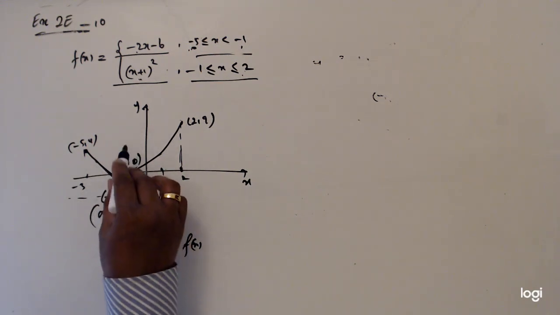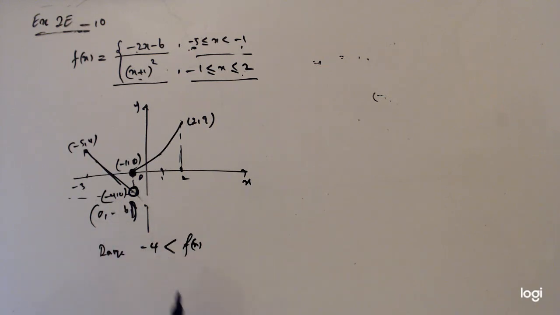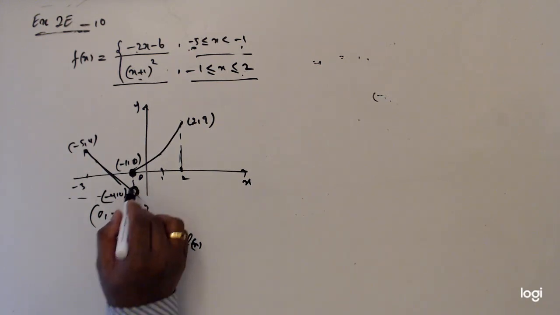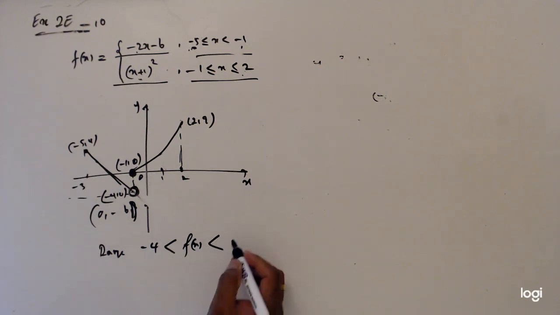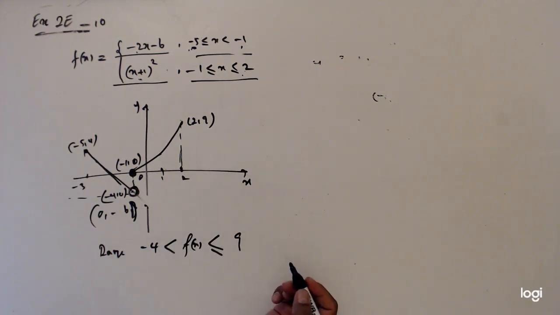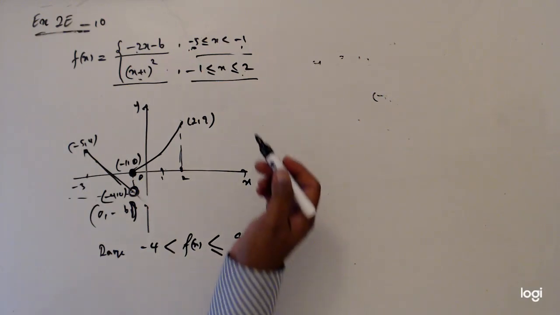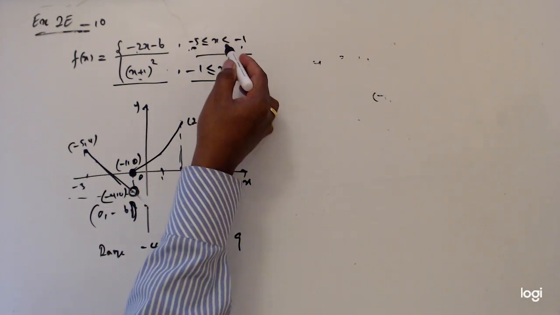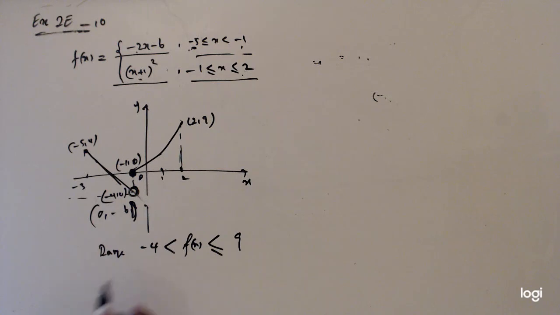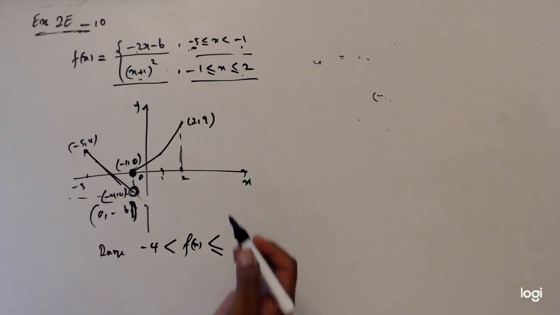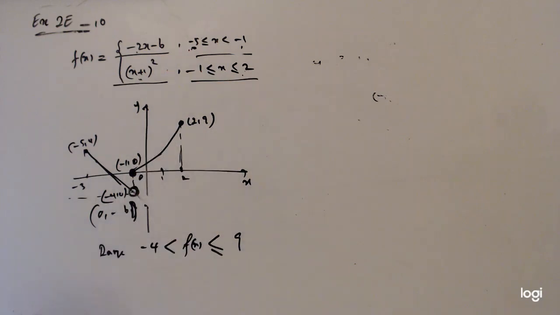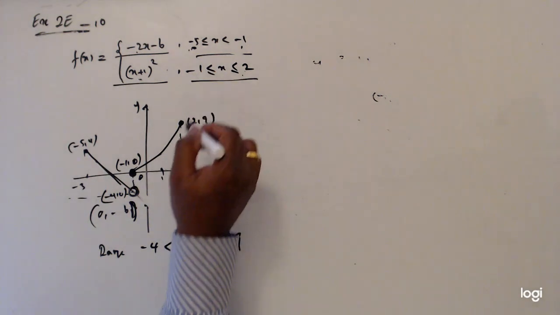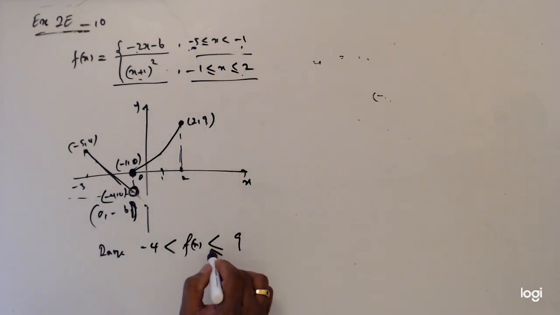Minimum y is minus 4, but we can't take that with an equal sign because this is an open circle. And the maximum value is 9, and that is equal. Because minus 4 you will get when x equal minus 1, and minus 1 is not included, you can't have equal to minus 4. But this point is equal to 2.